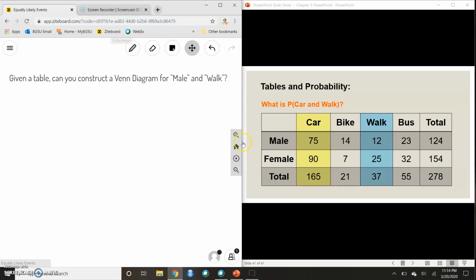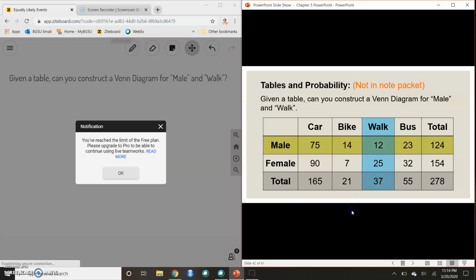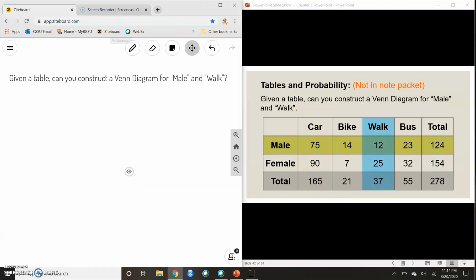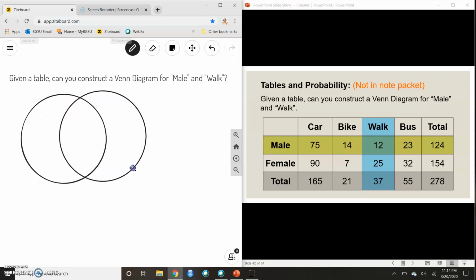Finally, our last question. So given a table, can you construct a Venn diagram for male and walking? So I'm going to go ahead and create 2 circles to indicate my 2 events.